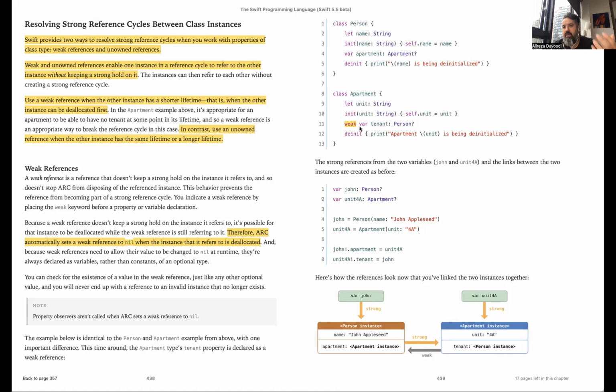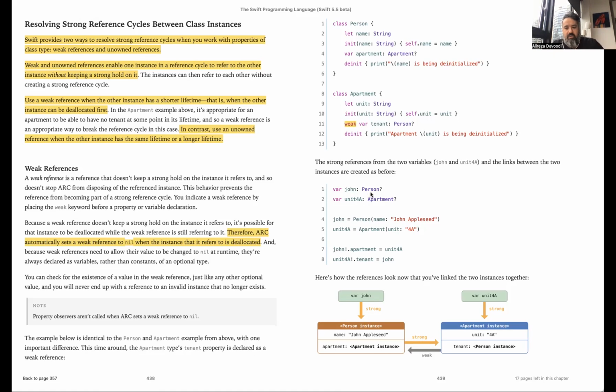An apartment can have no tenant in it. But usually when you have a tenant, that means there's an apartment assigned to that. Or you can think of one of them living shorter than the other. You can say, yes, I have a person with no apartment, which also makes sense, or you can have an apartment with no tenant, which also makes sense. So you put weak for one of them.